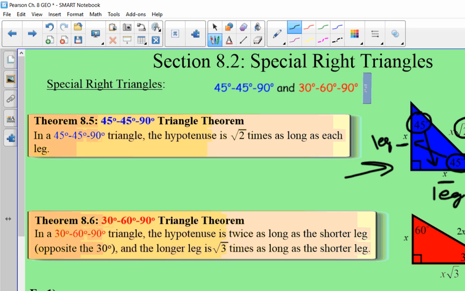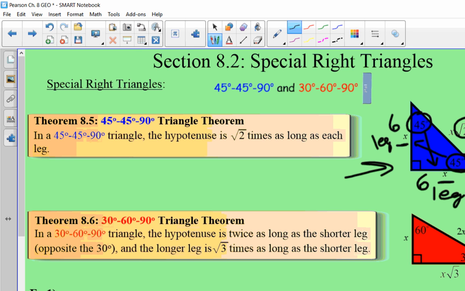It's a number that you would use all the time, no matter what. It's just the square root of 2. So my example would be, if I told you that the leg is 6, well, that means that this is going to be 6 also, because they're supposed to be equal.